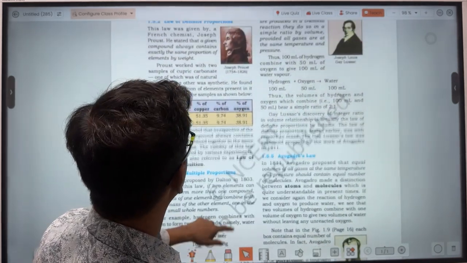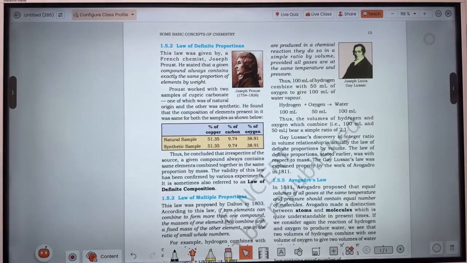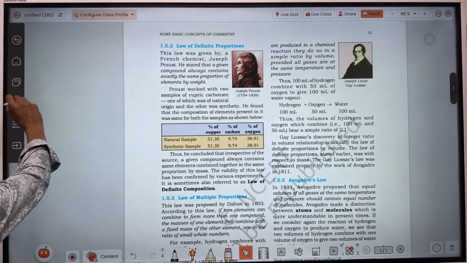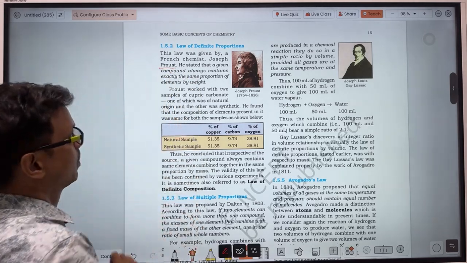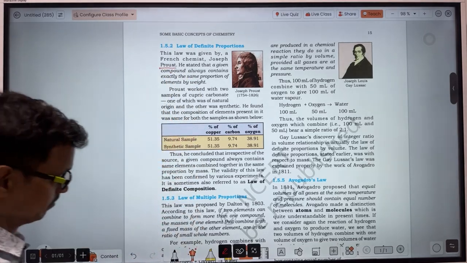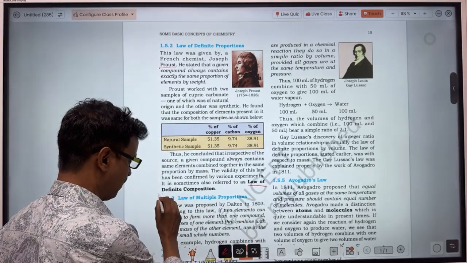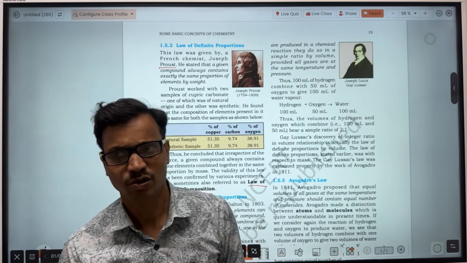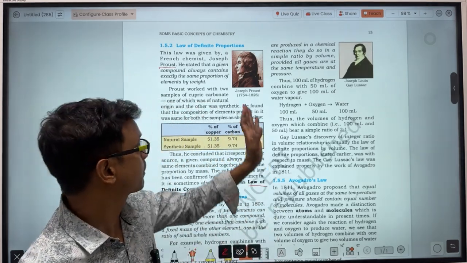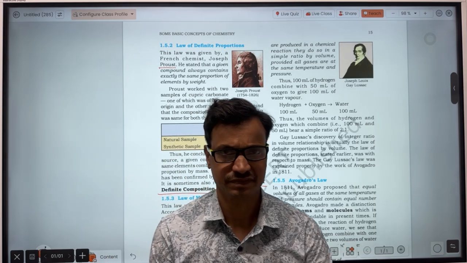Then after is the law of definite proportion, that was proposed by Proust. The law of definite proportion is also called the law of definite composition.